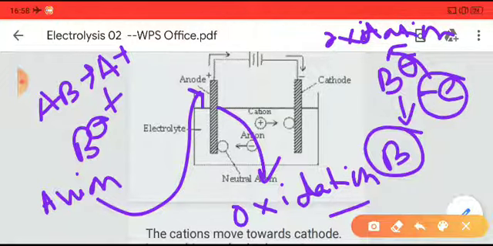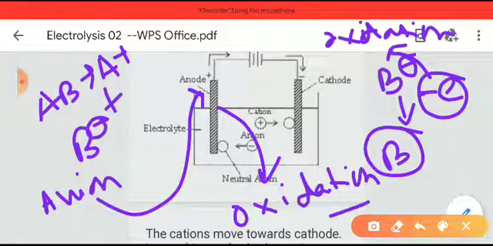So what have we conceptualized in this discussion? The anion will go to the anode and do an oxidation reaction. By losing its electron, it will become neutral.